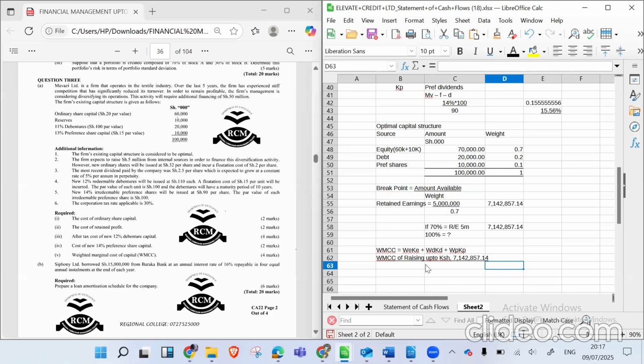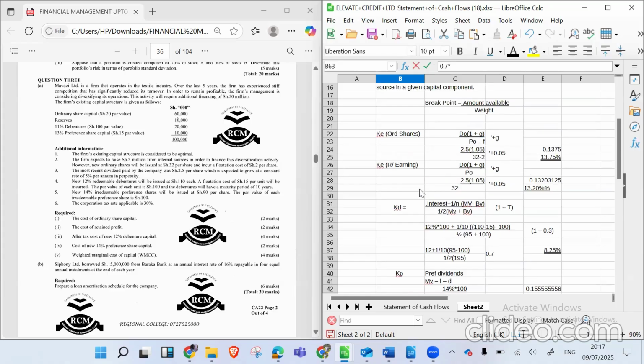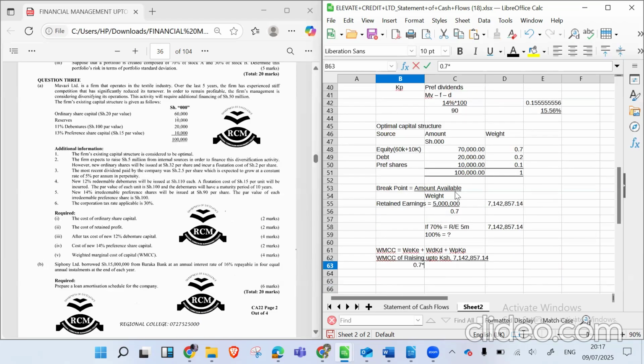So for this reason, my weight of equity I can see 0.7. But now the KE, I'll be using the retained earnings. So my KE will be the KE of retained earnings, which is 13.2. So KE 13.2 plus the weight of debt, which is 0.2, times KD.